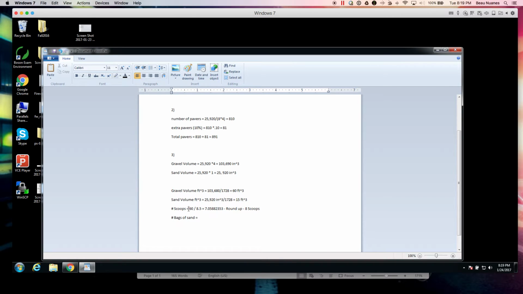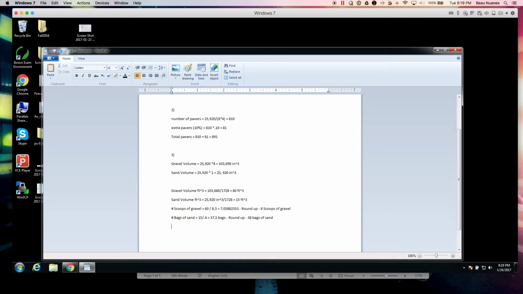This was the number of scoops of gravel. So the number of bags of sand is going to be that 15 feet divided by the 0.4 cubic feet. That's going to be 37.5 bags. Again, round up. So that's going to be 38 bags of sand, 8 scoops of gravel.